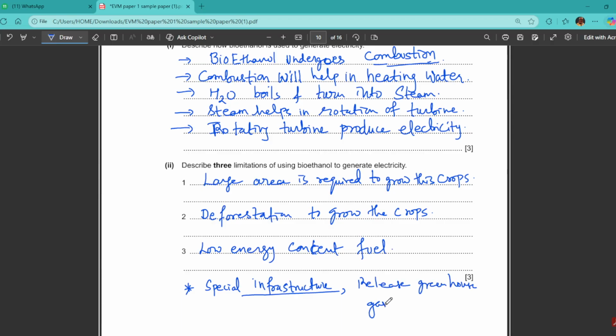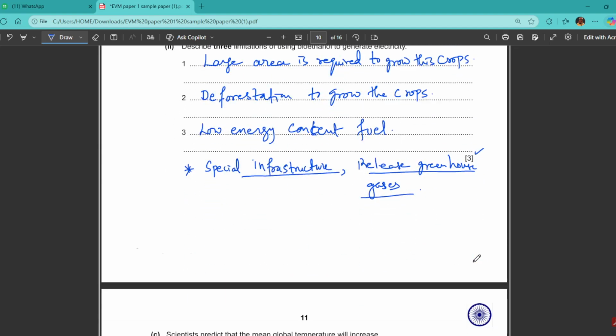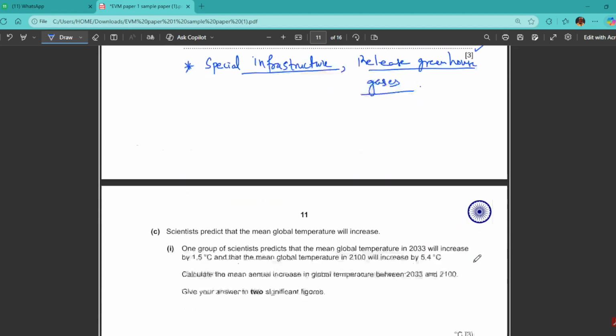This is only for your understanding, but you can mention these points also, right? If you have time, do mention it, otherwise stick to 3 points and you can get those marks. Large area, deforestation, low energy content fuel, right?